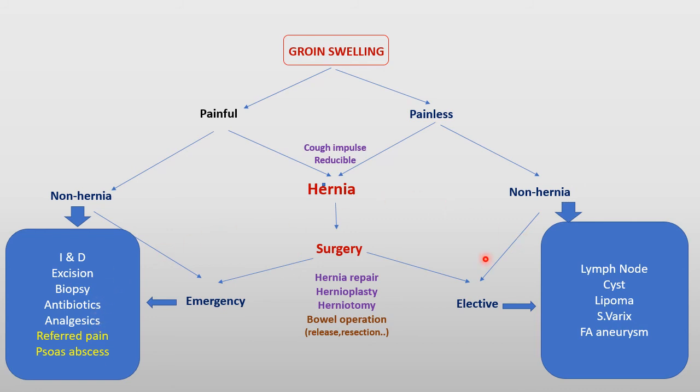On the other hand, non-hernia cases which are not urgent will be lymphadenopathy, cyst, lipoma, saphenous varix, and aneurysm of the femoral artery. So this is a simple algorithm for the management of a patient with groin hernias.